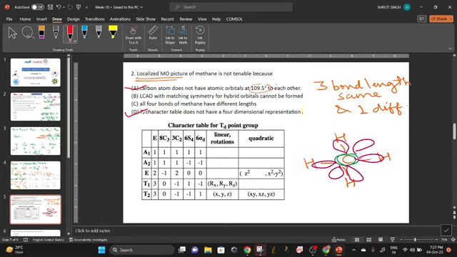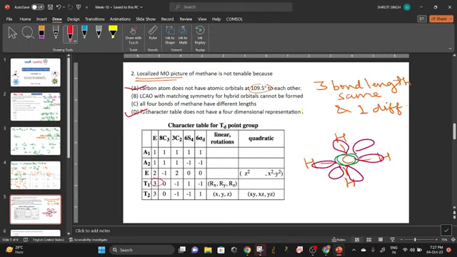The dimensionality is at most 3, which means the maximum degeneracy can be 3 only. But here we have 4 degenerate bonds.